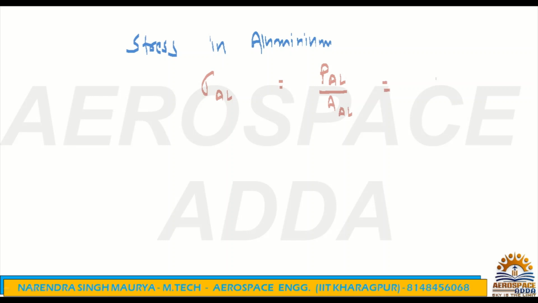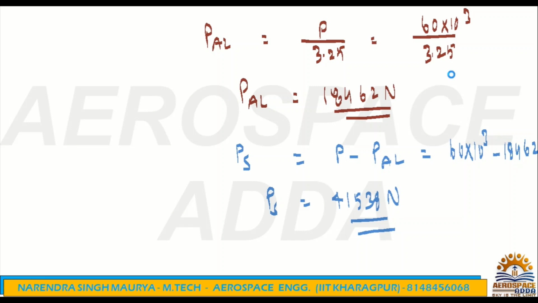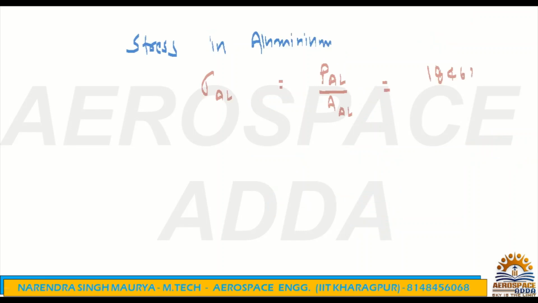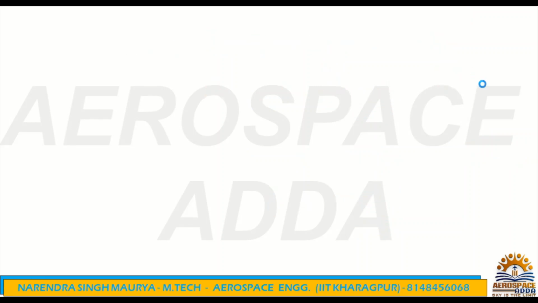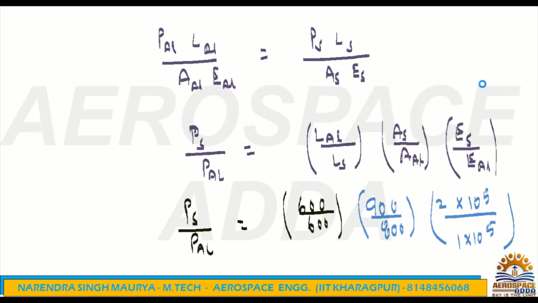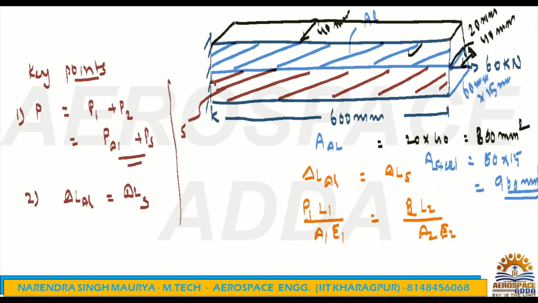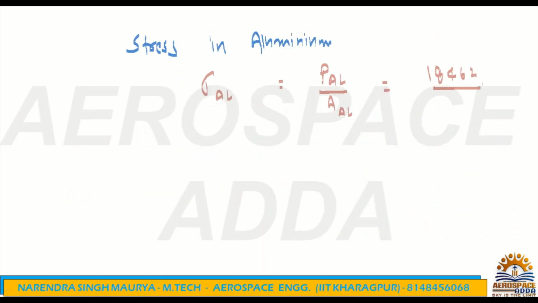That is 18462 divided by the area of aluminum. Just now you have written the area of aluminum is 800 mm square.